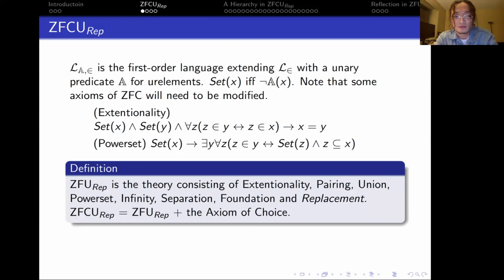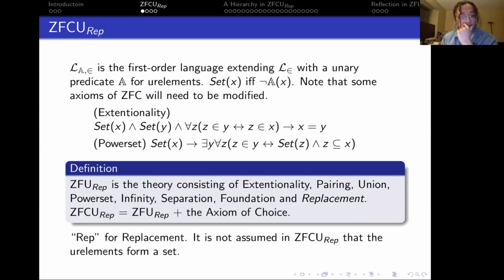Then ZFU with replacement is this theory, and ZFCU with replacement will be ZFU with replacement plus AC. The key thing here is that REP indicates replacement, and basically it indicates that we're using replacement instead of the collection principle, which will be important later on.